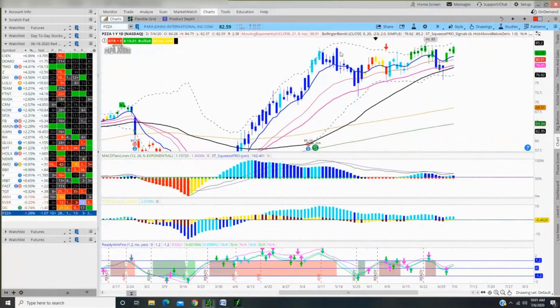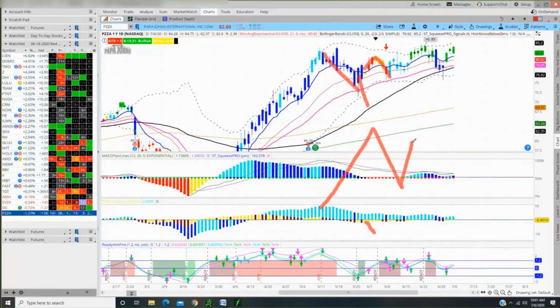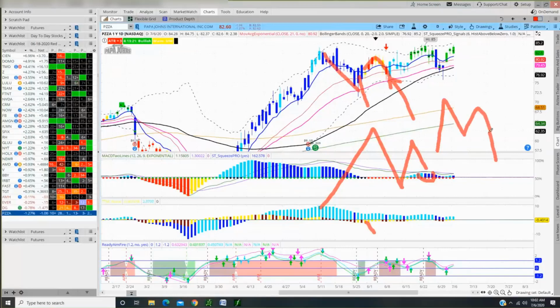Pizza. This was a flag. So you could have entered into a flag on a momentum shift, right? But it failed. So now, when a flag fails, what am I looking for? Shift. There. That's my first line of attack. Flag fails. Boom. There. And then if it goes up and comes down, there.